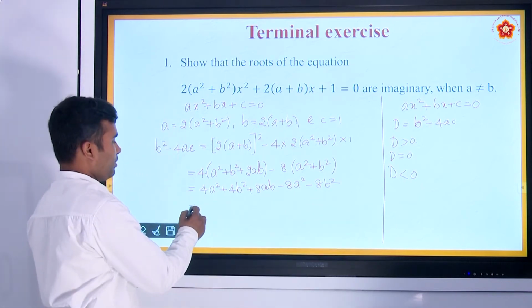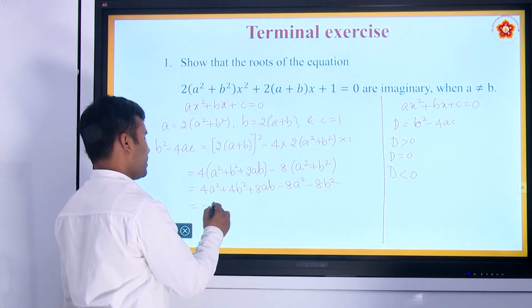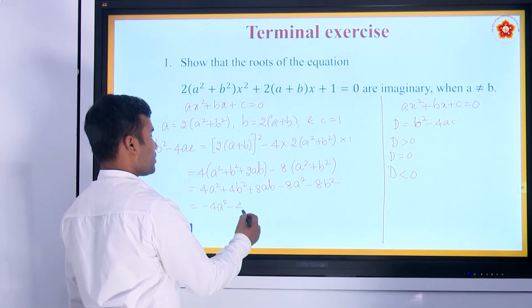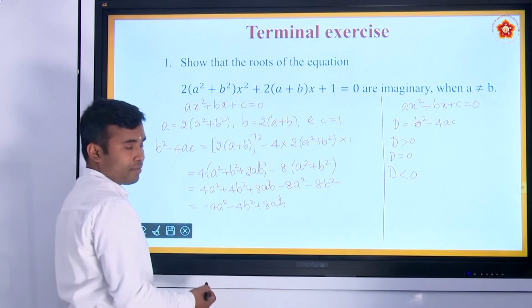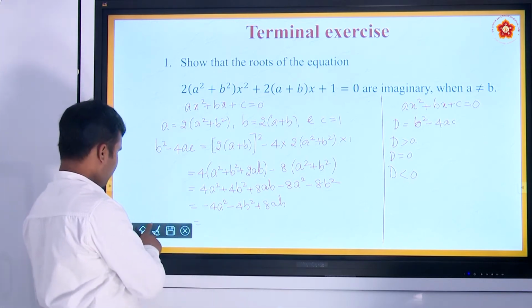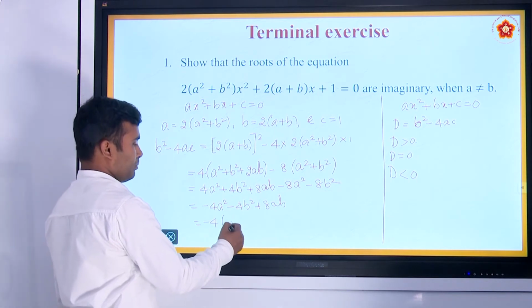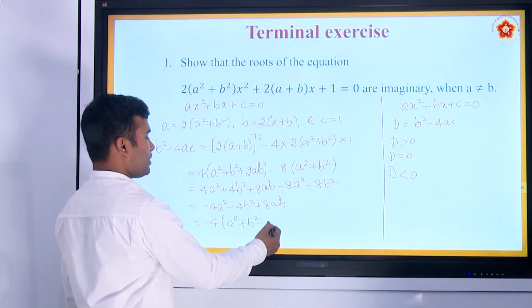Simplify this: 4a square minus 8a square will be minus 4a square, and this is minus 4b square plus 8ab. Taking minus 4 out, it will be a square plus b square minus 2ab.